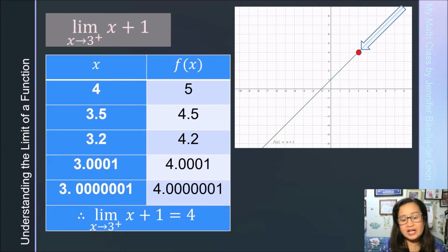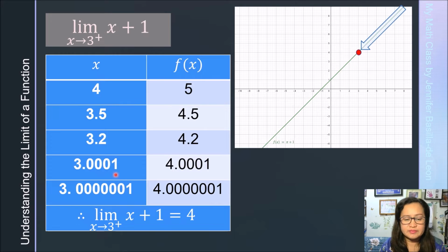If we have x equals 3.5, replacing the variable x by 3.5, we will get 4.5. If we will have a number that is much closer to 3, like 3.2, replacing the variable by 3.2, we will have 4.2.